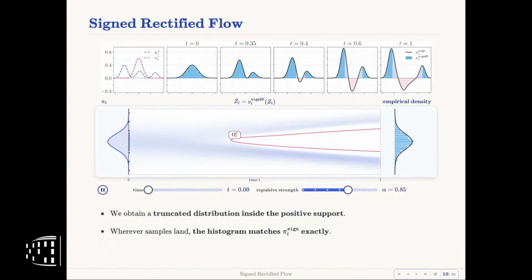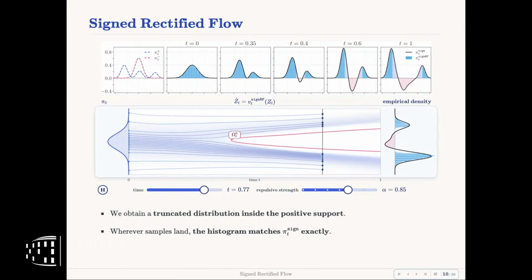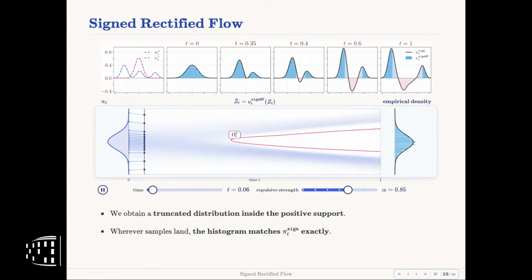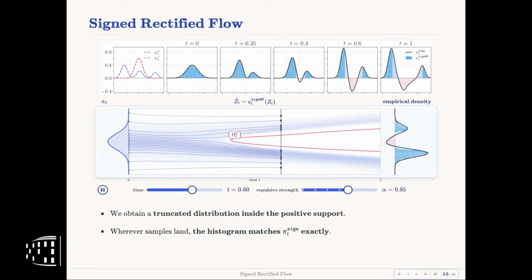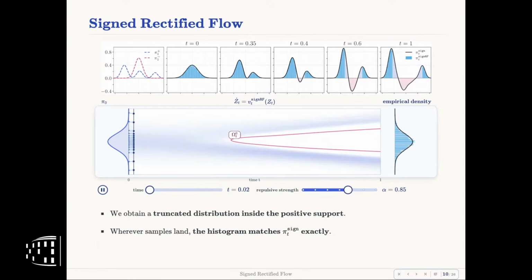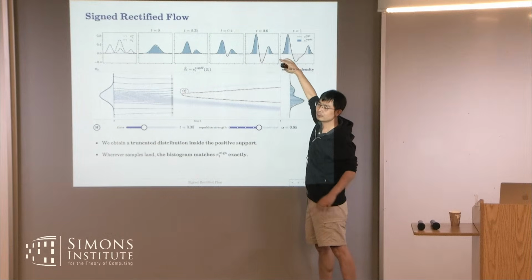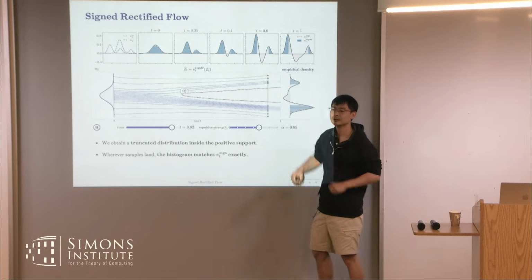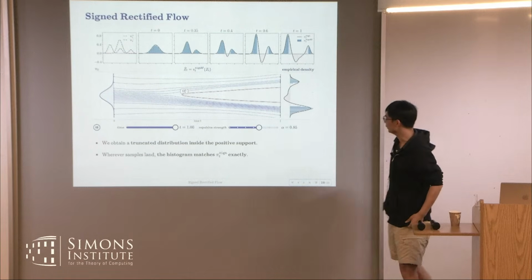You can see that the histogram exactly overlaps with the density. And you can see this truncation line really clearly, that somehow it's doing some sort of truncation. So what's happening is you have this signed measure, and the flow is going to pick a positive subregion and sample a truncated version of that probability. So this is what's going to happen.